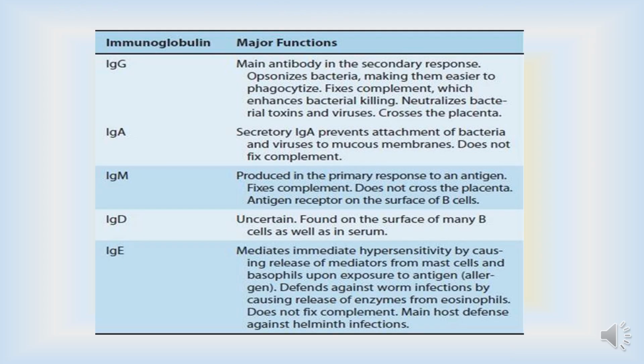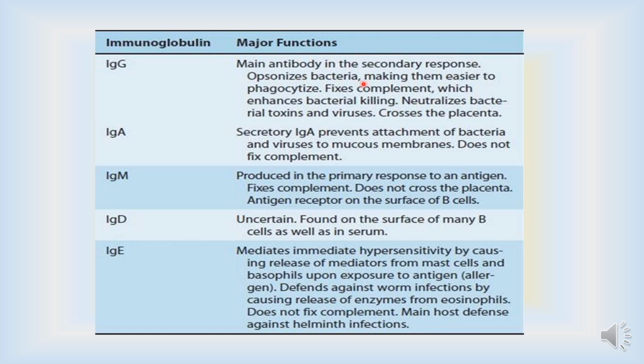Now we will discuss the major functions of immunoglobulins. So we'll start with immunoglobulin G. Here we will follow the mnemonic GAMDE. So immunoglobulin G major function is that it's a main antibody of secondary immune response.